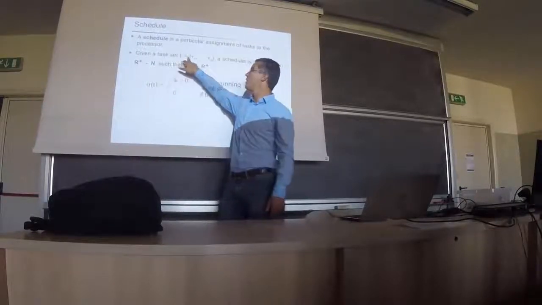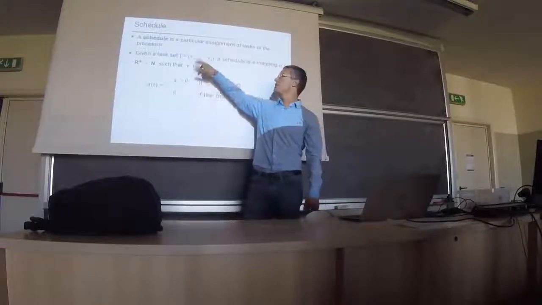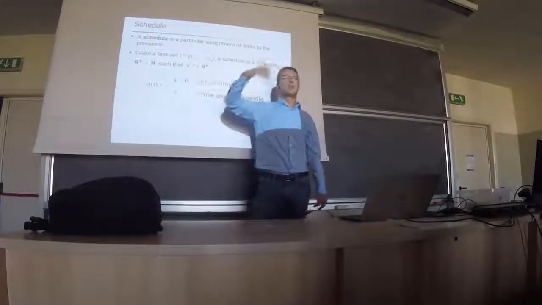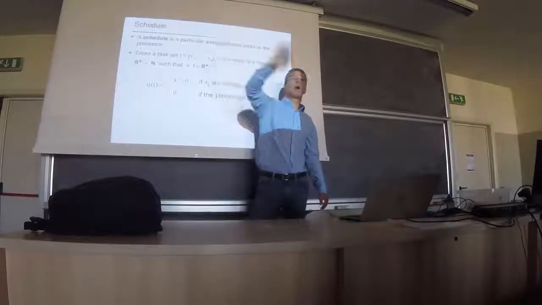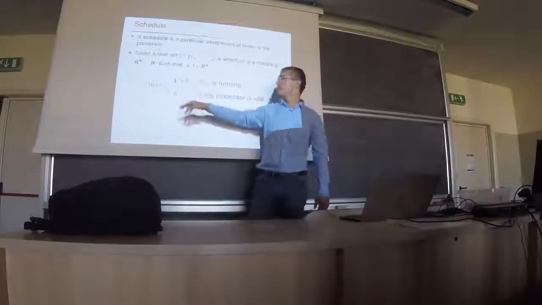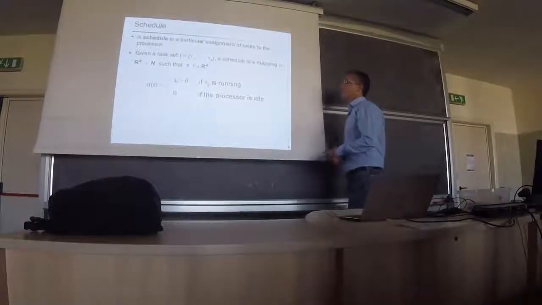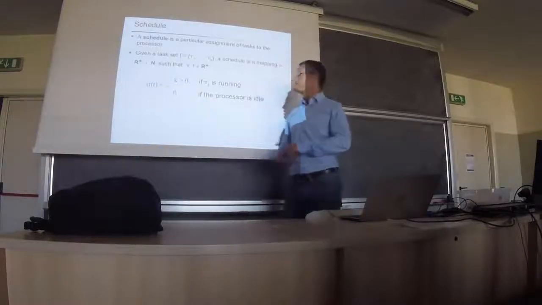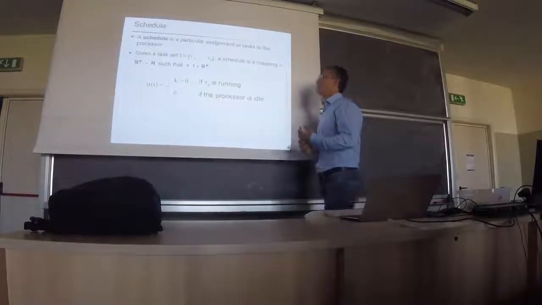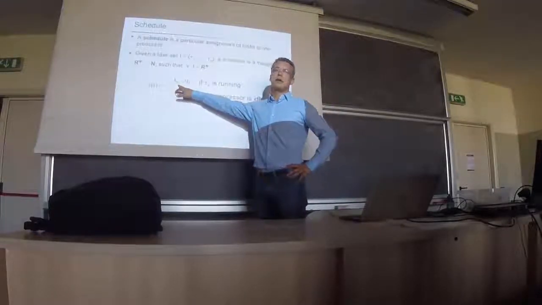So if I have n tasks, at time 1 the processor will be assigned to task 3, at time 2, task 3, at time 4, task 3, and at time 5, task 1. This is a basic definition for a schedule. So the sigma of t function equals the index of the task that is running.